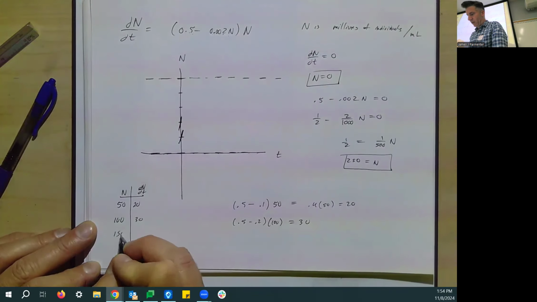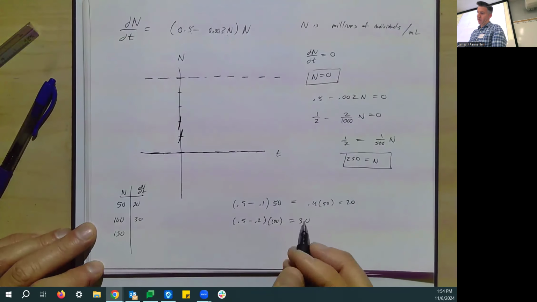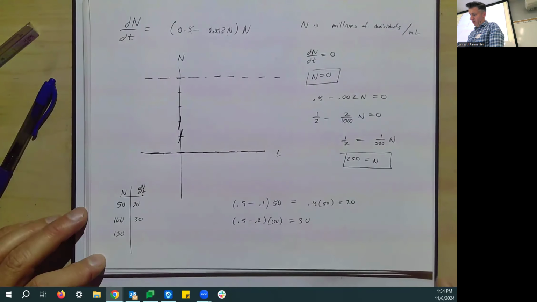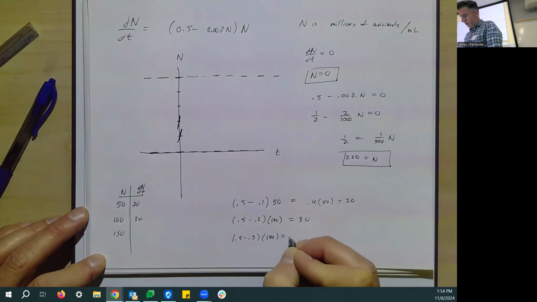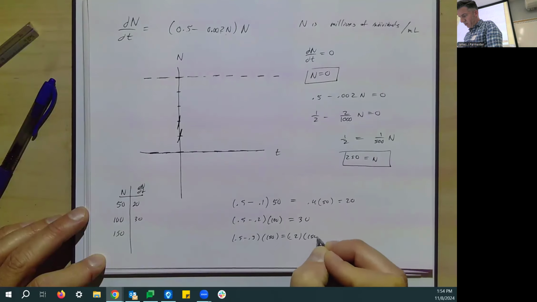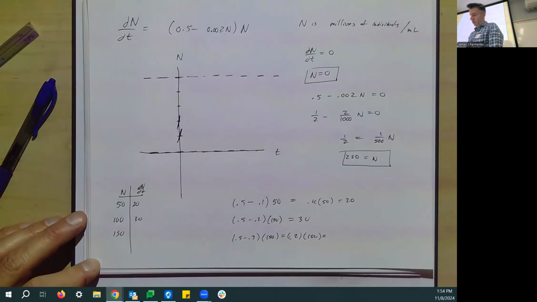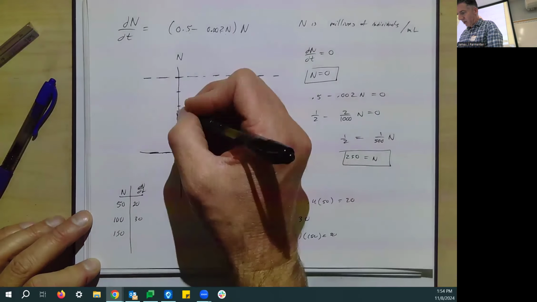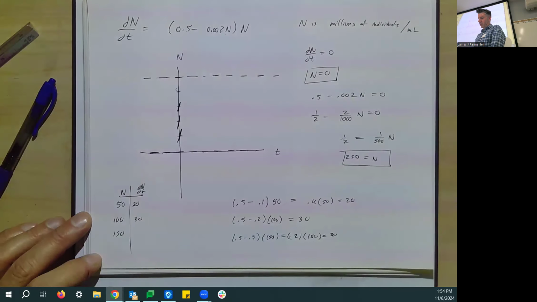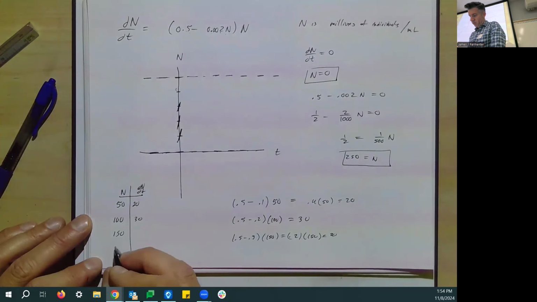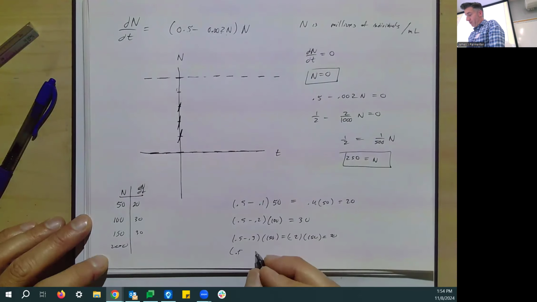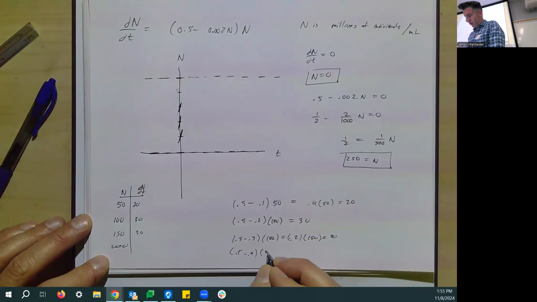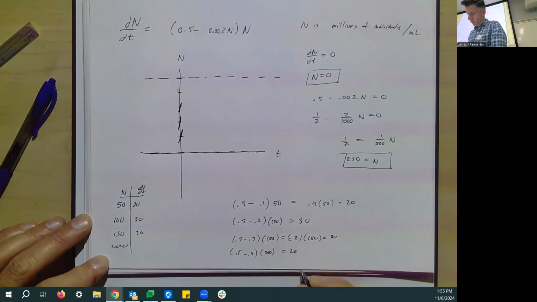If n is 150, I get 0.5 minus 0.3 times 150, which is 0.2 times 150, which is 30 also. So it stays the same. I wouldn't be surprised if at 200 I got something more like 20. So I get 0.5 minus 0.4 times 200, which is exactly 20.